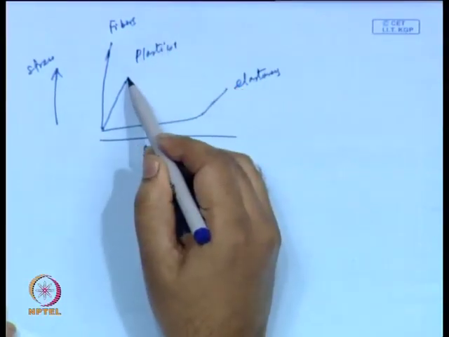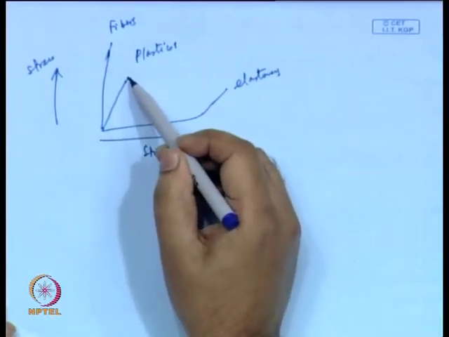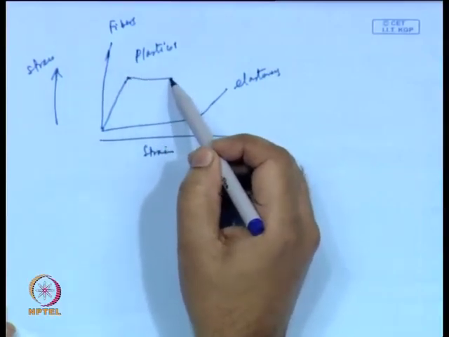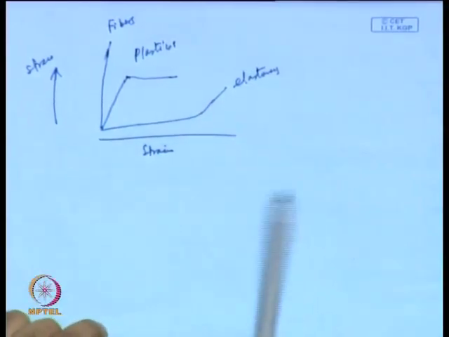Now, after some time plastics yield, I will talk more about these terms, and it becomes easy to strain. If you have packaging films, you have probably seen that when you stretch at the beginning it is a little difficult, you have to give a lot of force, but once it starts stretching, that means the sample has yielded, then it becomes quite easy.